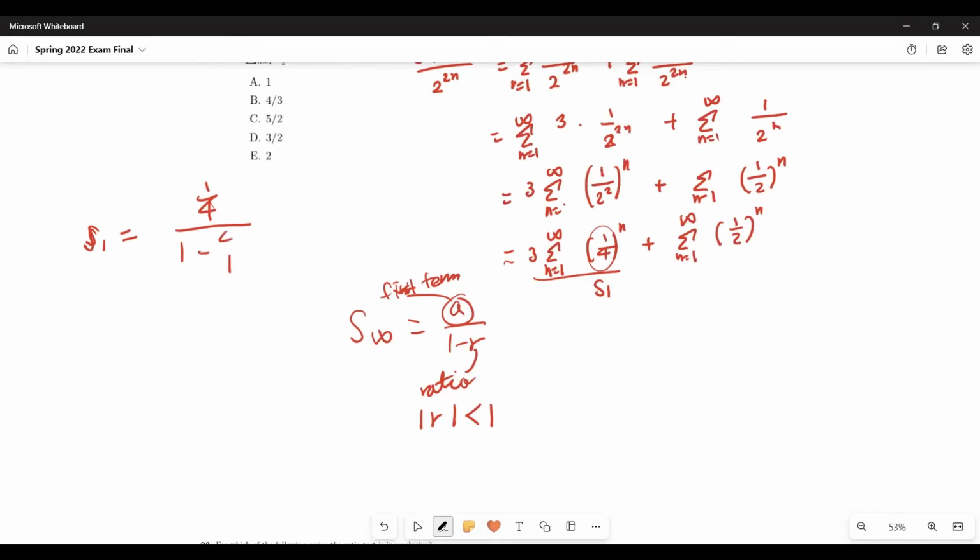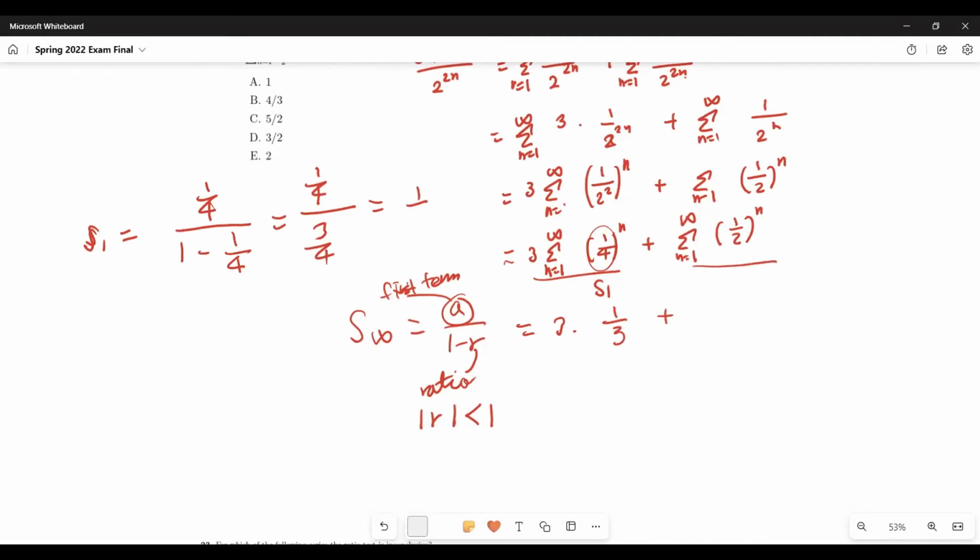So 1 minus 1 over 4 becomes 3 over 4, and 1 over 4 over 3 over 4 becomes 1 over 3 for that part, but you also have to multiply 3 times 1 over 3, and then plus the second part.